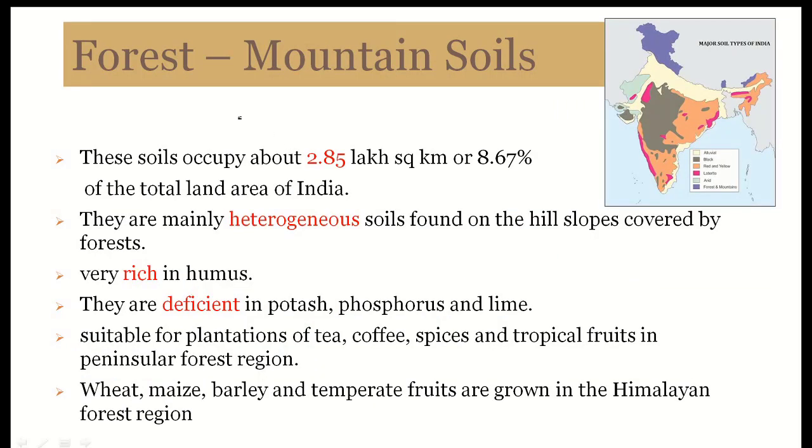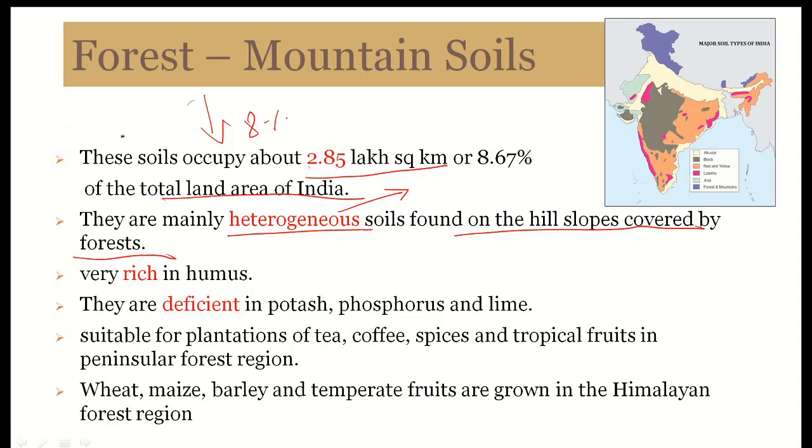Next comes forest and mountain soil. This soil occupies 8% of the total land area in India, that is 2.85 lakh square kilometers, and it is mainly heterogeneous. What is heterogeneous? It includes other minerals in the soil, and it is found on the hilly slopes covered by forest.